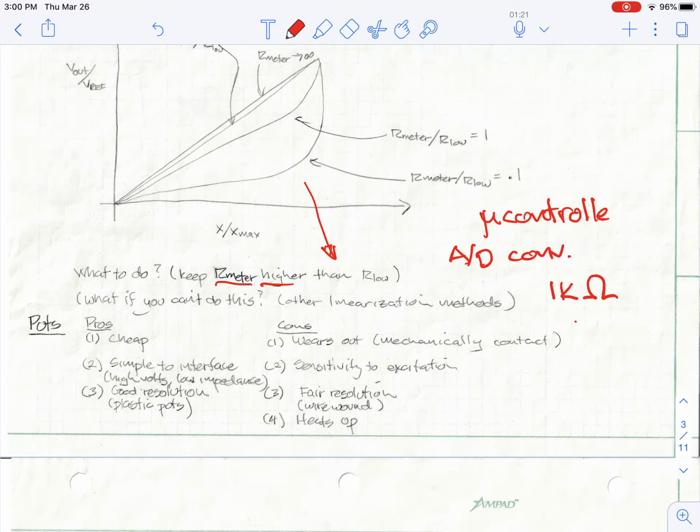That means if I happen to buy a 10K pot, a 10 kilo ohm pot, that I'm right there with that curve. And I'm going to be confused for at least a day trying to figure out why I'm not getting a linear value out of the device. And it's due to this phenomenon.